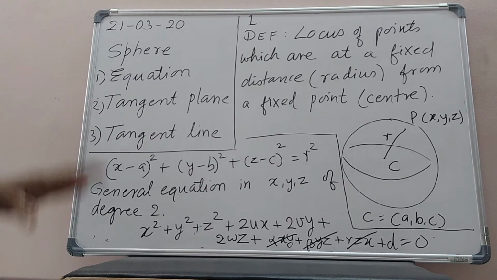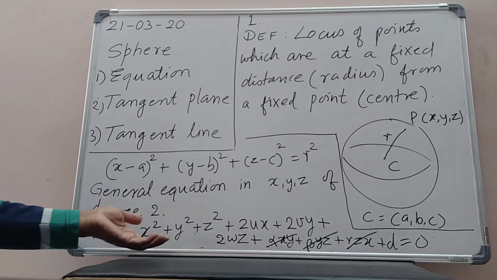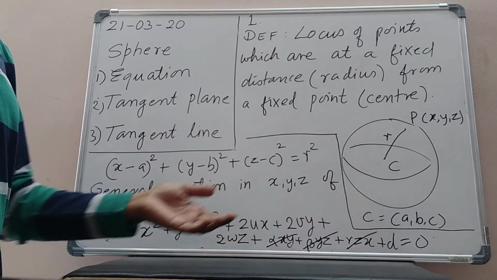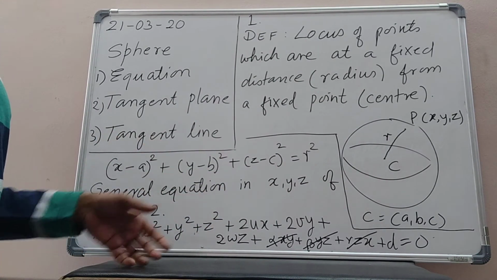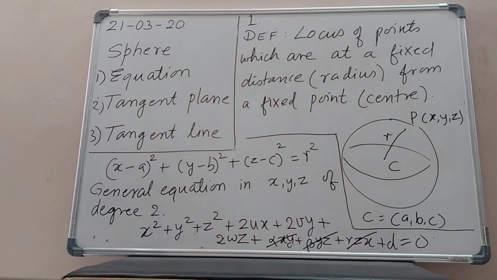As of now, we are not going to go into the details of that, but you get a slight glimpse from here that if you wanted to represent a sphere, certainly these terms should not be there.